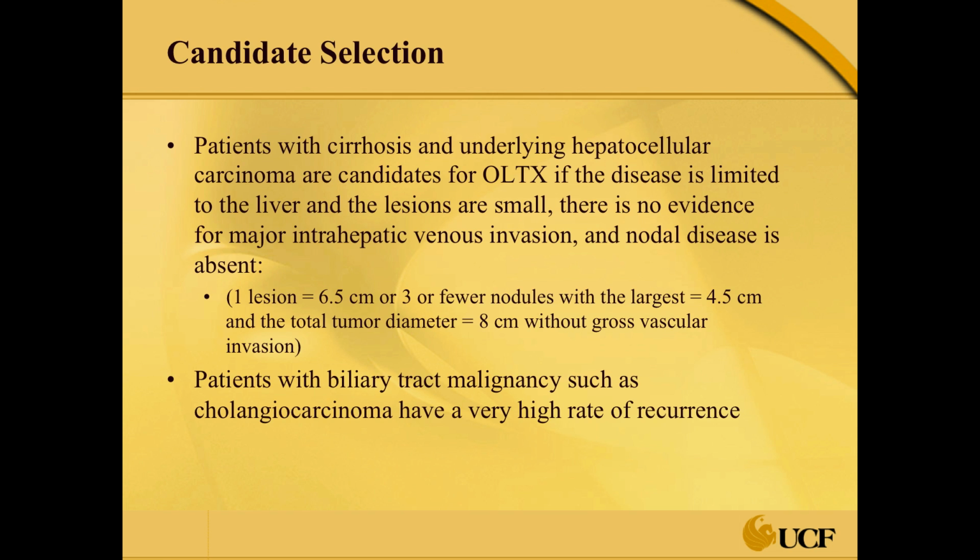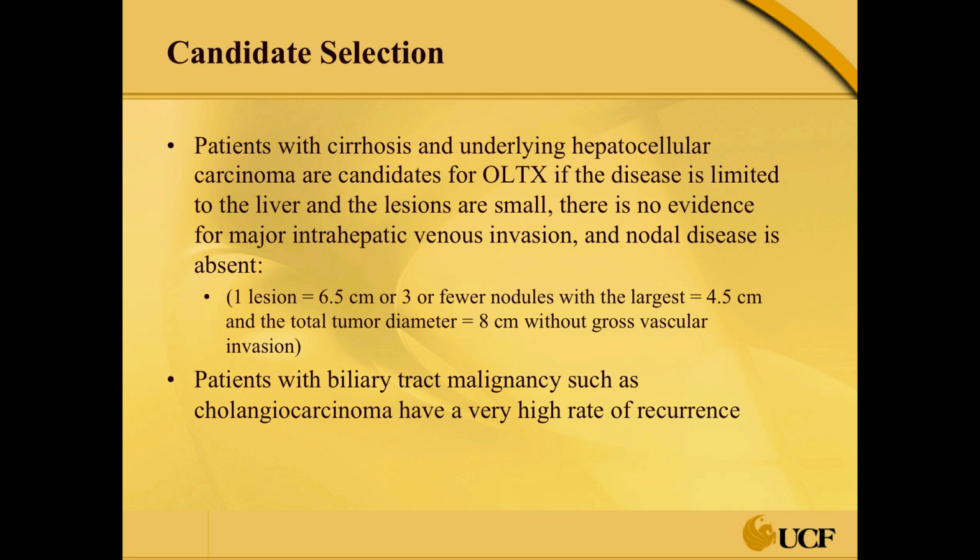That makes sense. Patients with cirrhosis and underlying hepatocellular carcinoma, those people are candidates. However, it has to be under certain conditions. In these people, the disease has to be limited to just the liver, and the lesions have to be small.